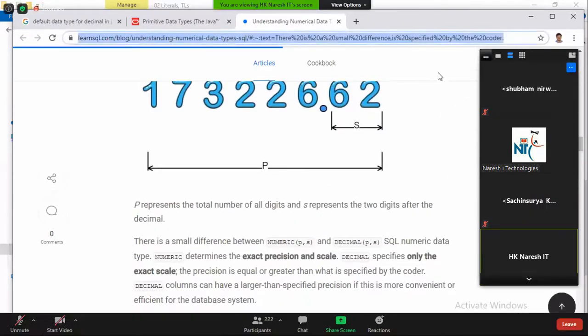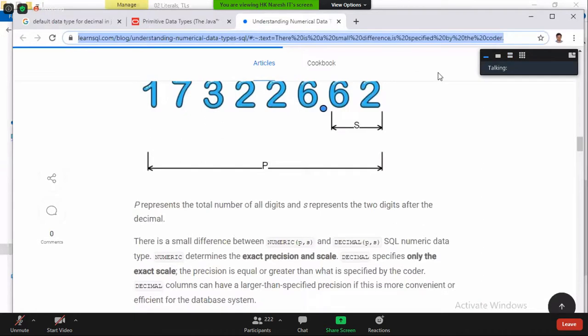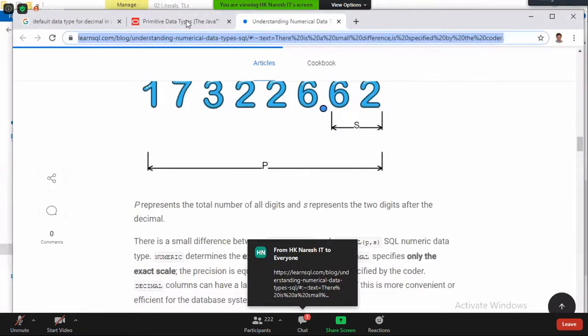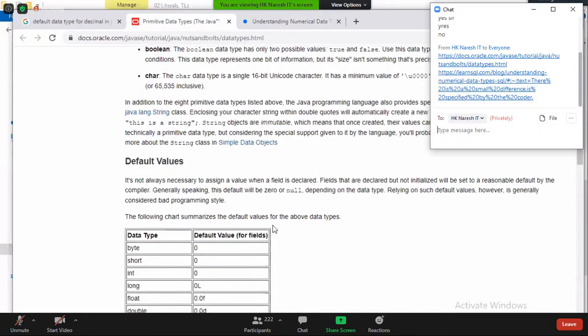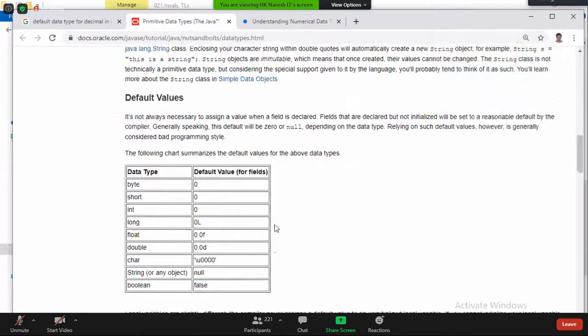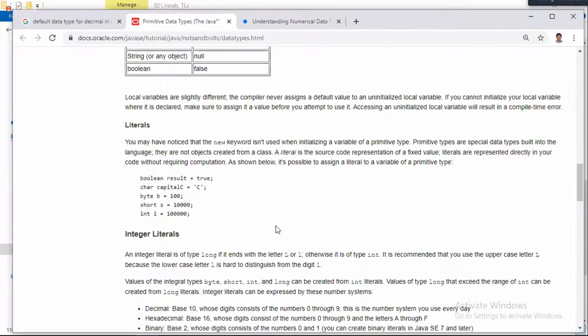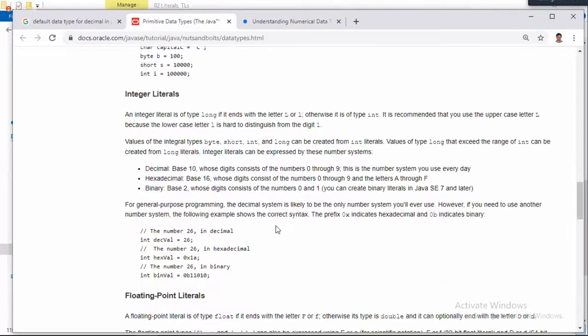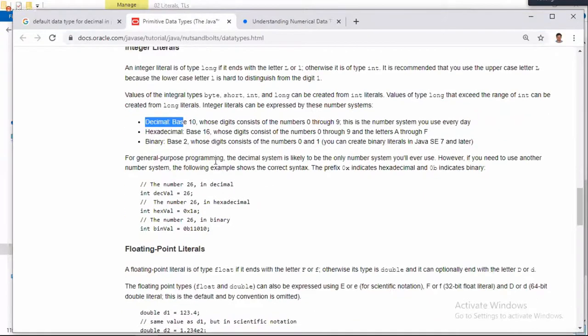Okay, another article is also shared, and you can also follow this. Default values, literals, integer literals. Okay, look here.